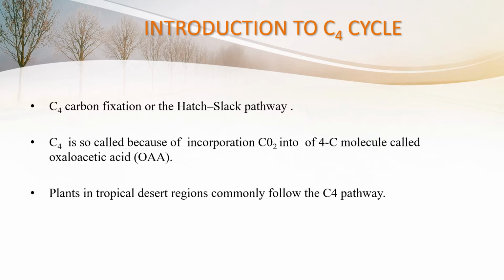It is a 4-carbon compound, so it got the name C4 pathway, and it is also called the C4 cycle. And this C4 carbon fixation was described by Hatch and Slack, and it got the name Hatch-Slack pathway.